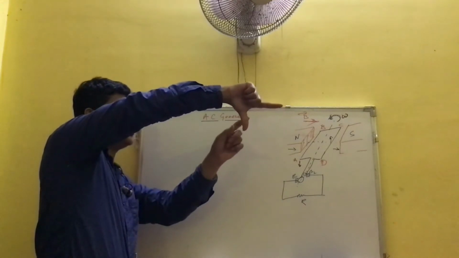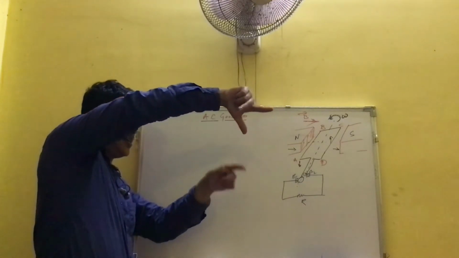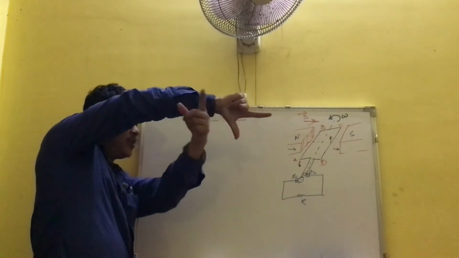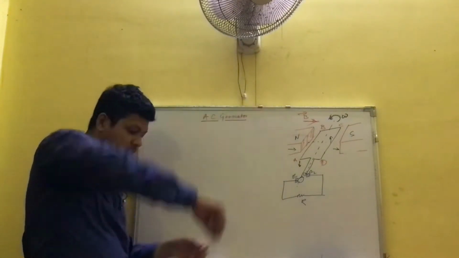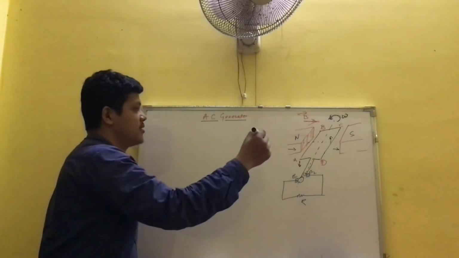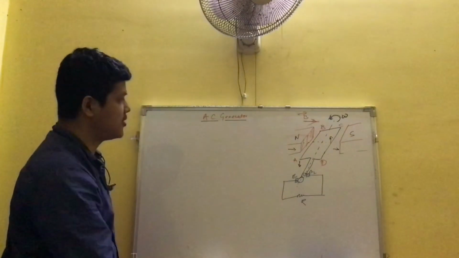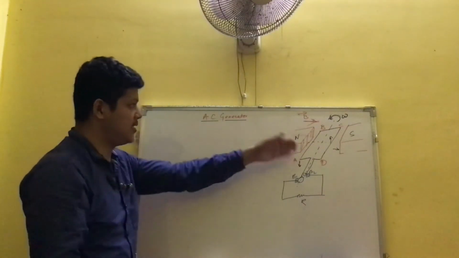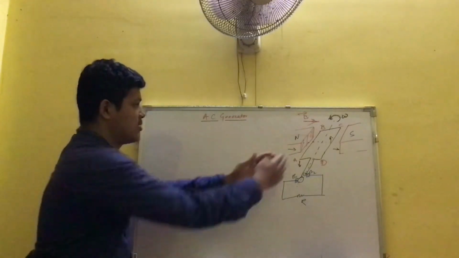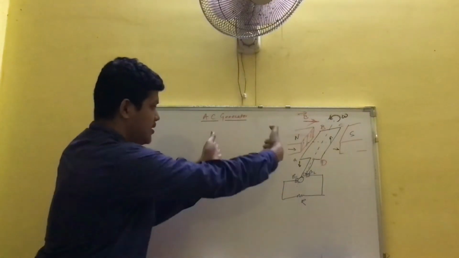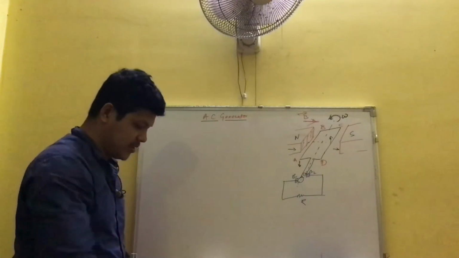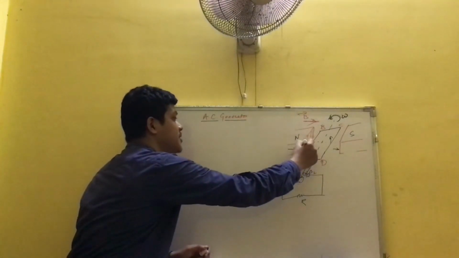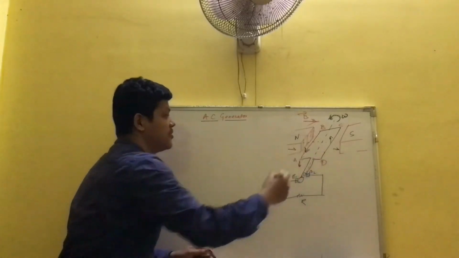This thumb represents the motion of the arm, and now this middle finger is pointing towards you, perpendicular to the board, in the outward direction. So here is the direction of induced current.